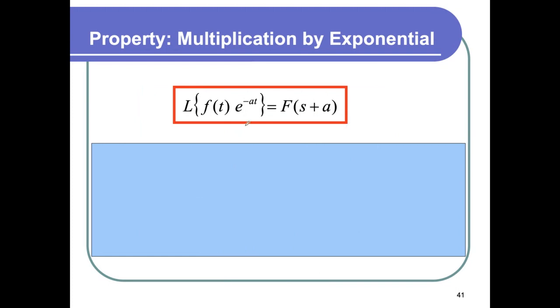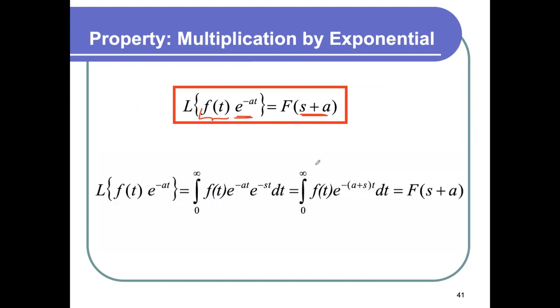The other property is multiplication by an exponential. So this is an important property. If I have a function f of t and I multiply it by an exponential, then the Laplace transform is just basically the Laplace transform of f with a shifted variable. To see that, look at the following.